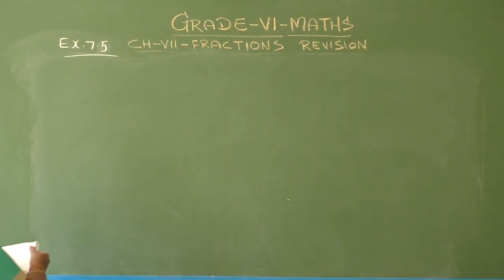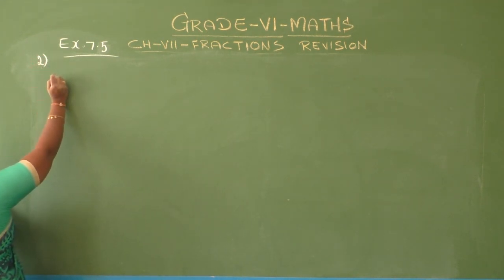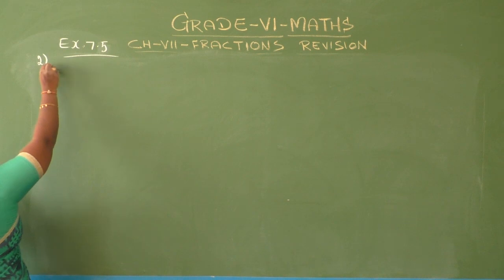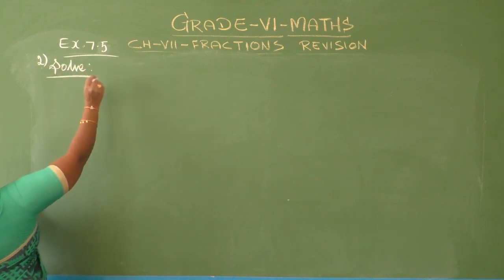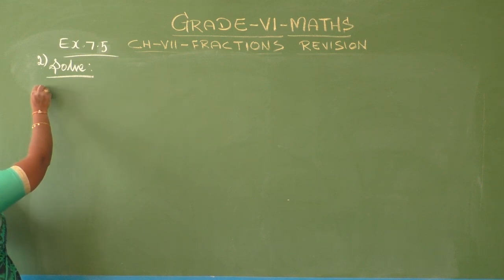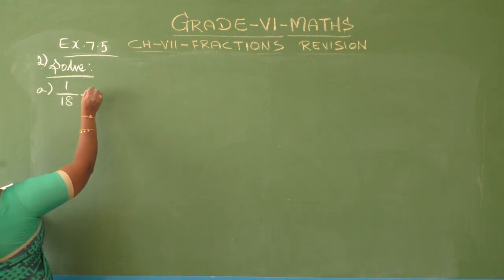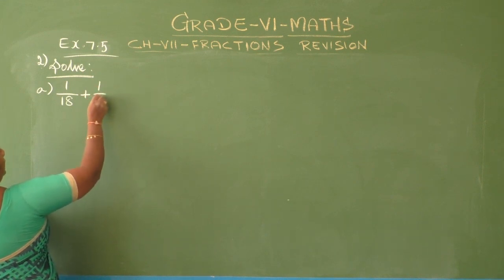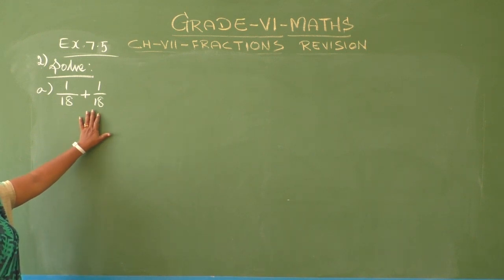Okay, ma. In 7.1, we are going to see the second Roman solve. See the first one, a sum they gave: 1 by 18 plus 1 by 18. Whenever your denominators are the same, we can add the fractions directly.